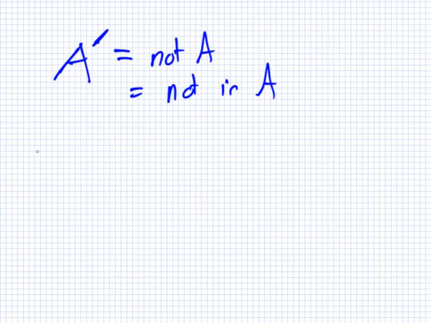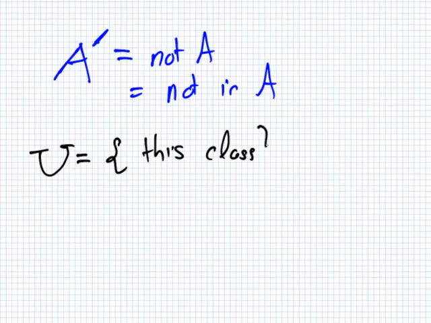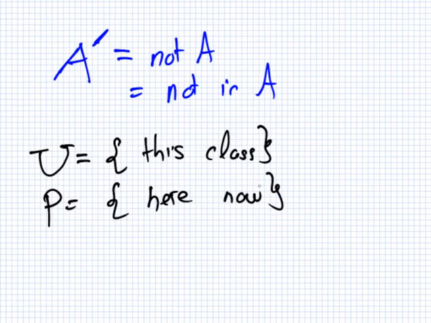Let's say my universe is everybody in this class. The list here would be, well, you all know your names, this class. And then set P are the people who are here right now in this class. So P dash are all the people who are not in P. So what would be in this set?